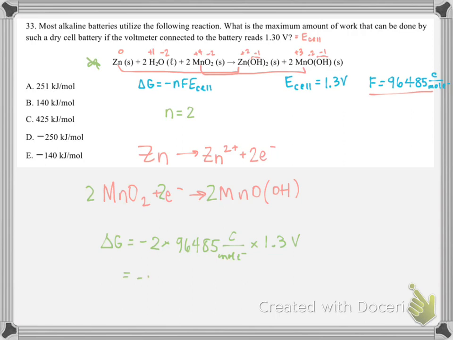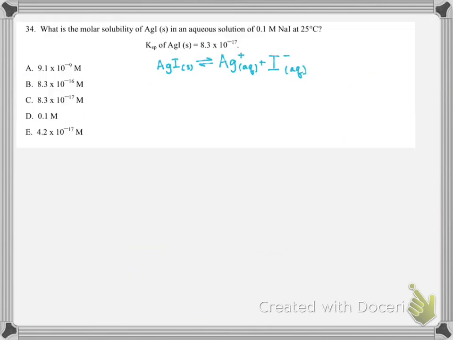You get negative 250,861 joules per mole. And so this is going to be the same as negative about 251 kilojoules per mole. And so the negative sign is saying that the reaction can do the work on the surroundings, and then the 251 kilojoules is how much of that it would do.